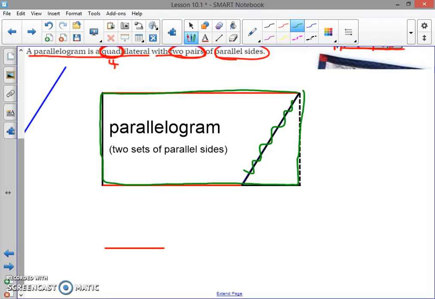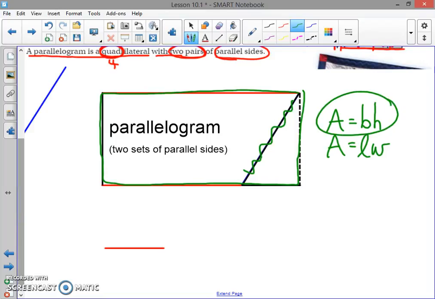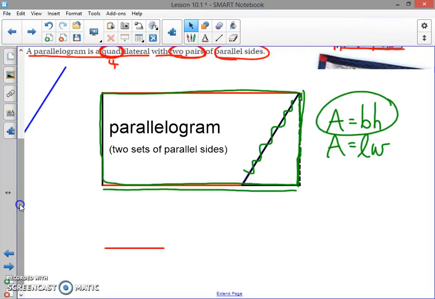So if you lop off one side of the slanted rectangle and plop it on the other side, now you have a rectangle. That's why the formula is the same. It's just still length times width. But for the slanted rectangle or the parallelogram that looks like a slanted rectangle, this is the formula we use, base times height. And so notice the dotted line is still going to be the height, and then this will still be the base or the length.